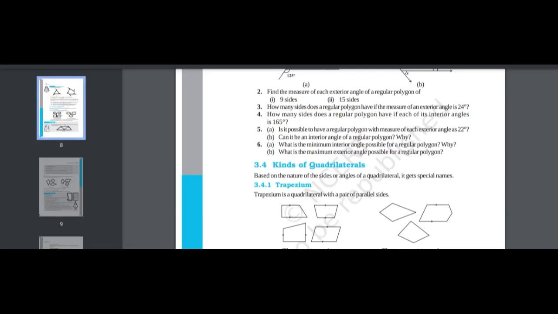Based on the nature of the sides or angles of quadrilaterals, they get special names. Quadrilaterals also have different types. Now the chapter's next topic starts from point 3.4. Define quadrilaterals.